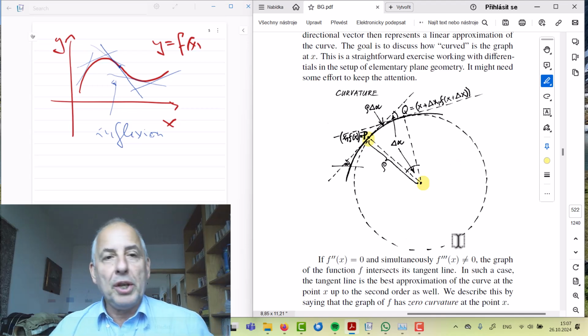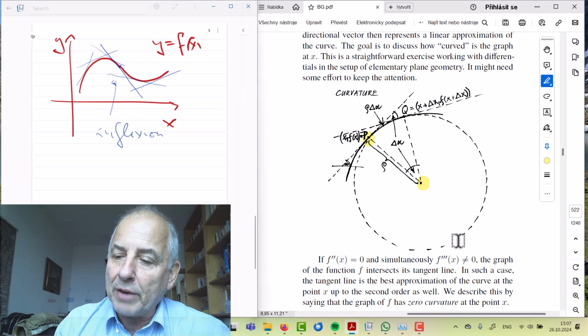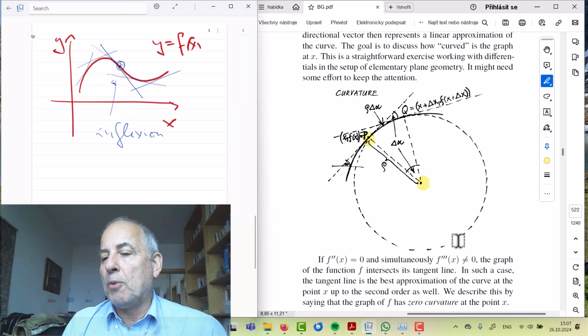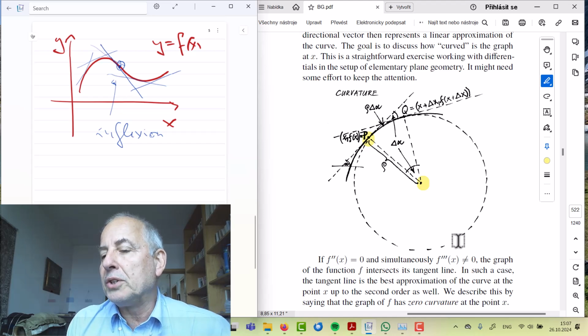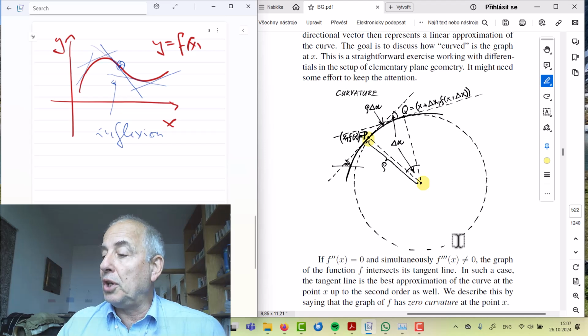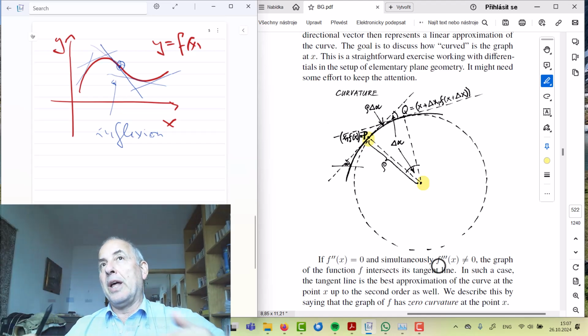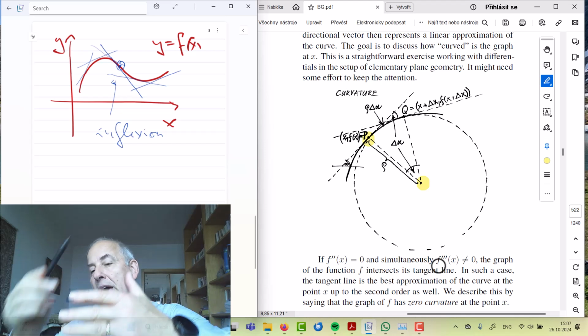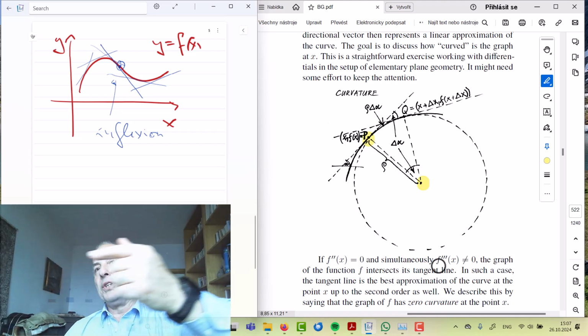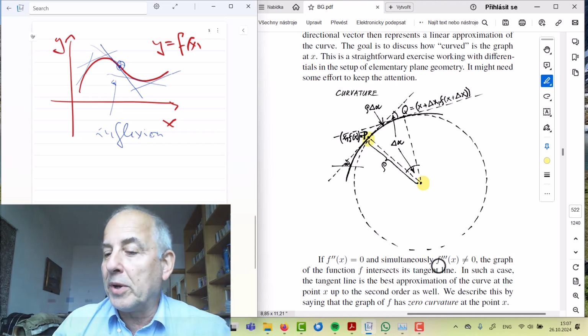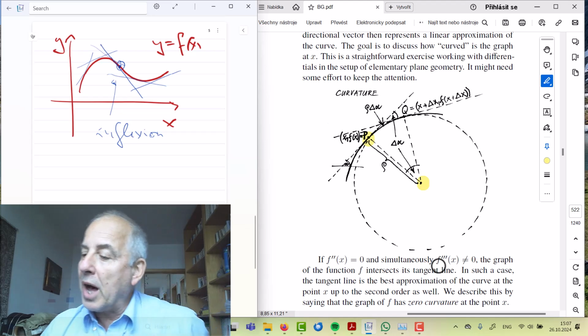Because you see, in the point of the inflection, like we were here, it's clear that the second derivative will simply disappear, right? And so what it means is that the radius of the circle will be infinite, because we can view a line like a circle with the center in the infinity on the perpendicular line.